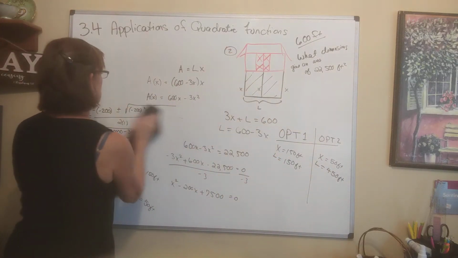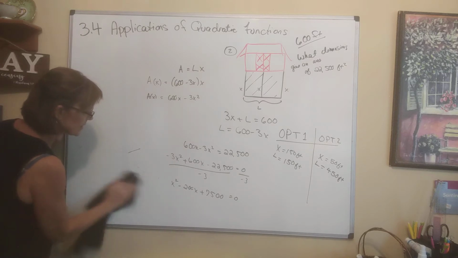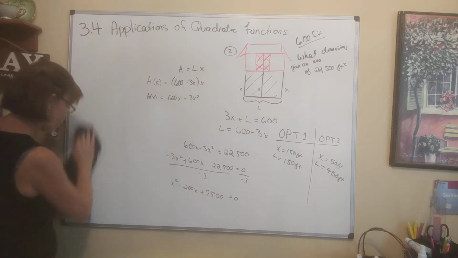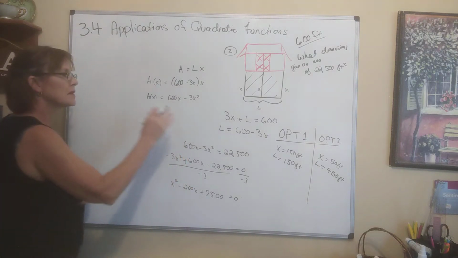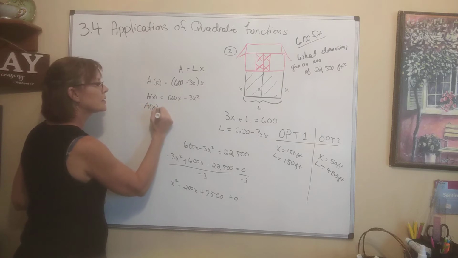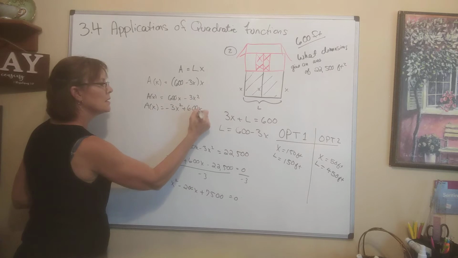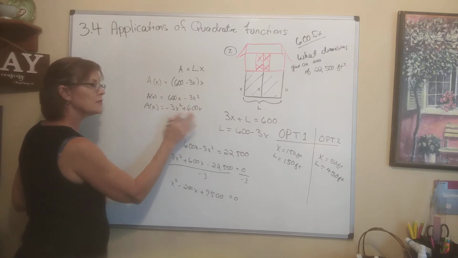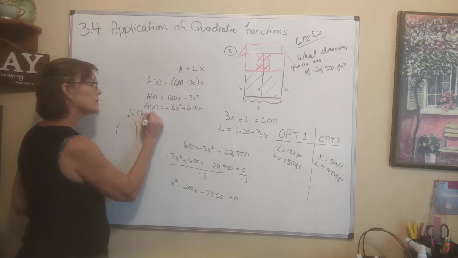is deal with this expression of area. And we realize that this is a quadratic function. And so in this case, we want to maximize it. So if you want to rewrite it with the leading term, minus 3x squared plus 600x, this is a quadratic function facing down with a maximum occurring at the vertex.